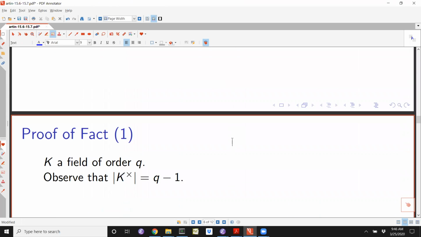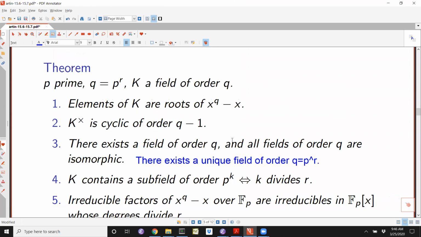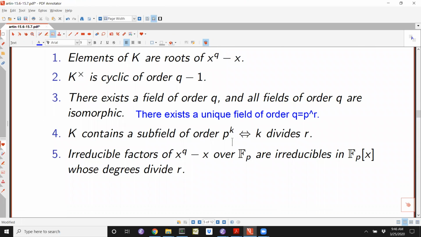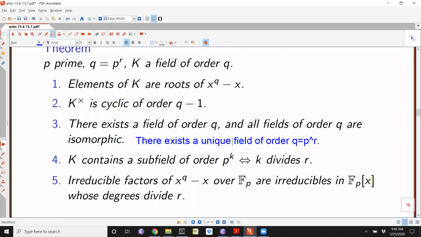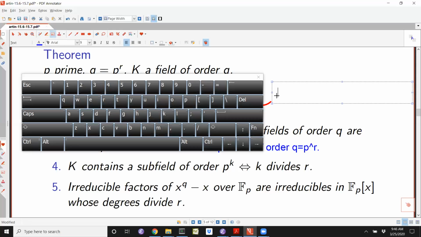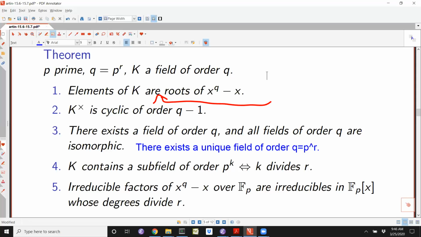So the first fact is that the elements of K are precisely the roots of x to the q minus x.